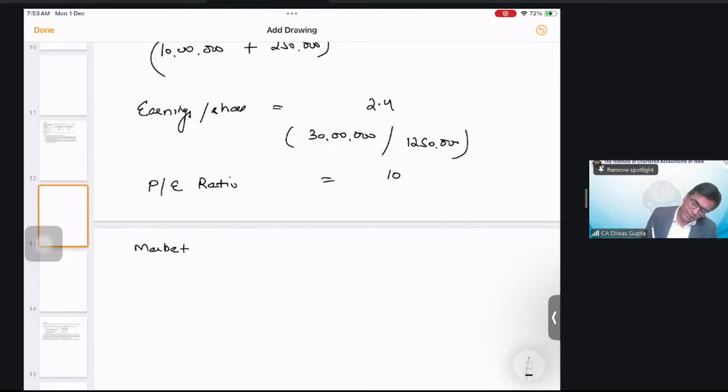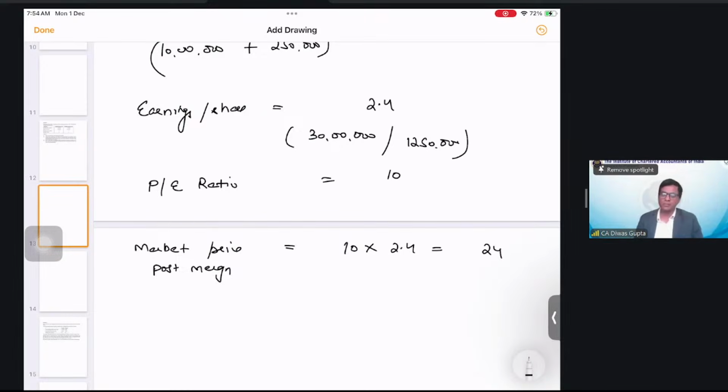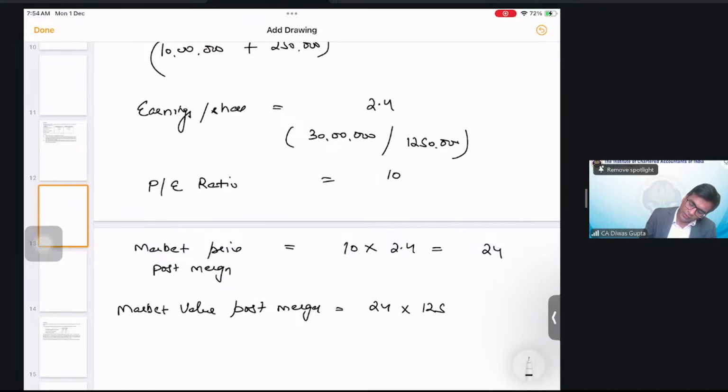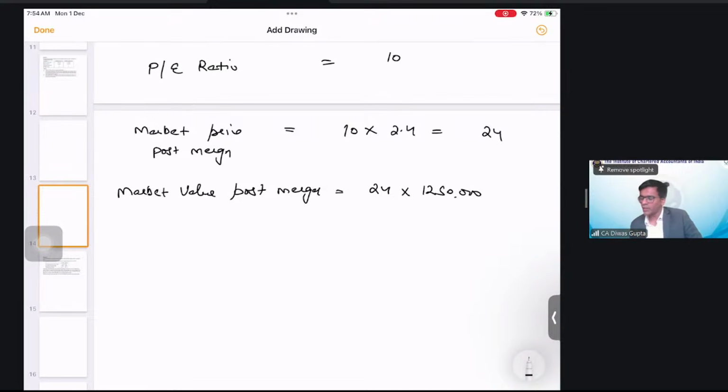The market price post merger will become 10 into 2.4, which is 24 rupees. And the market value post merger will become 24 into 12,50,000. Right? So 24, which is the market price per share, multiplied by 12,50,000, it becomes 3 crores.